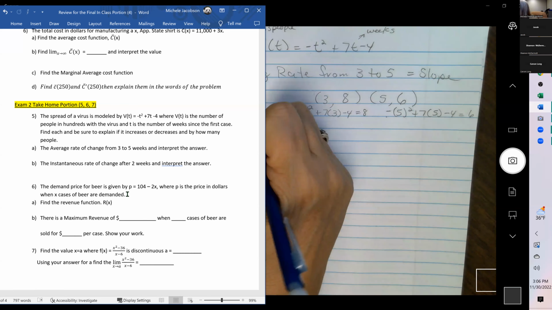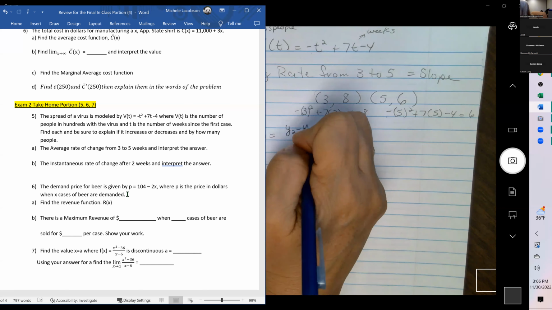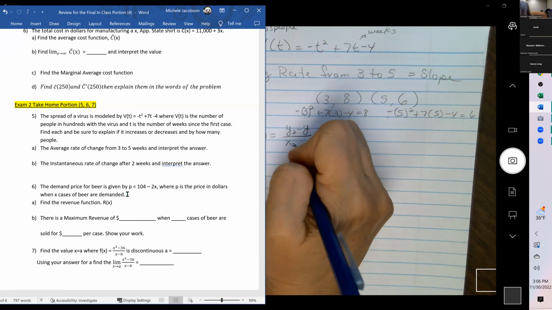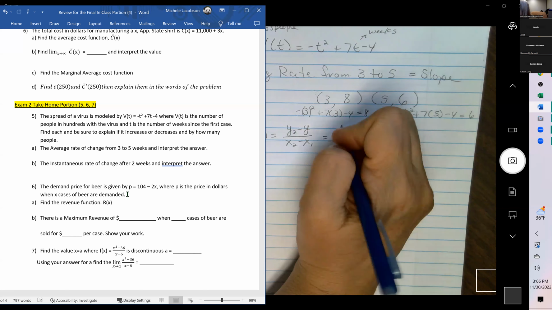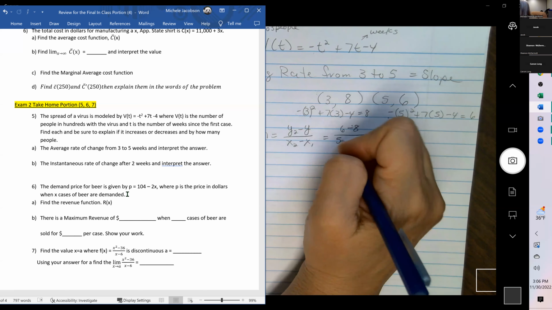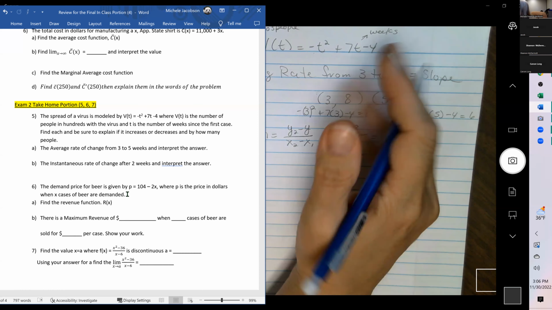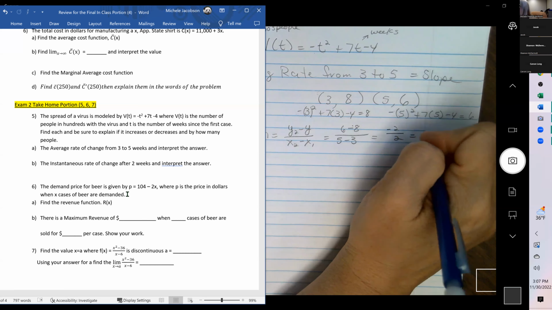And then average rate of change, which is slope, is your change in y over your change in x. So we just plug those in. 6 minus 8 over 5 minus 3 equals negative 2 over 2, or negative 1.